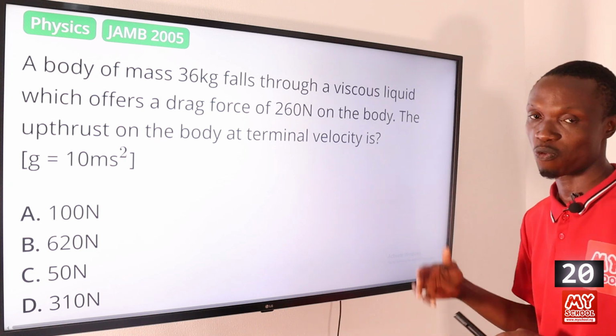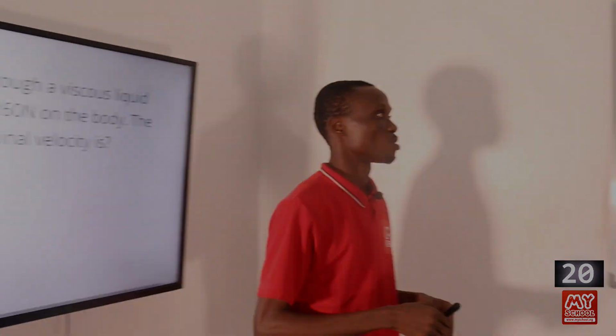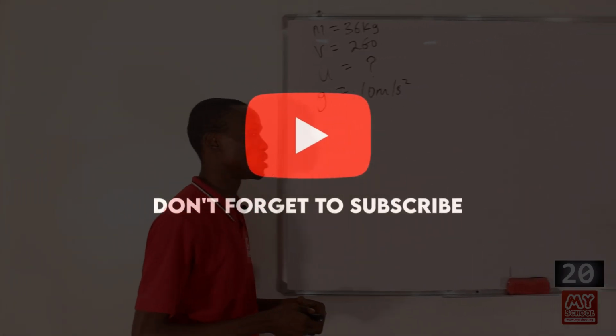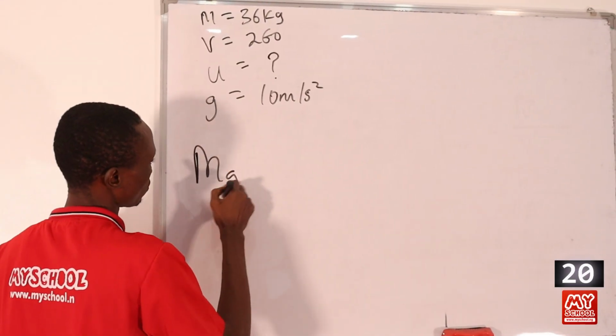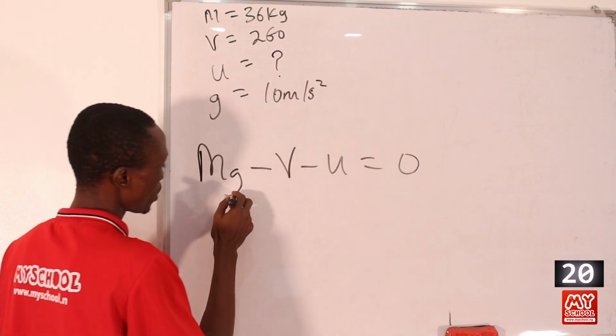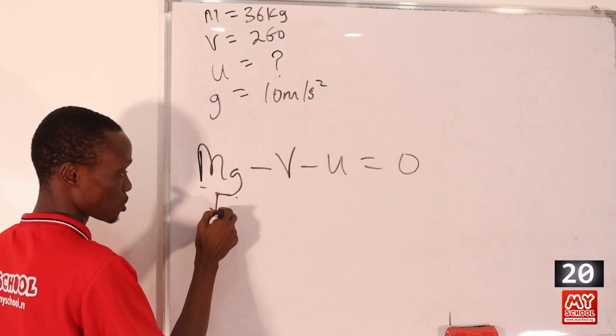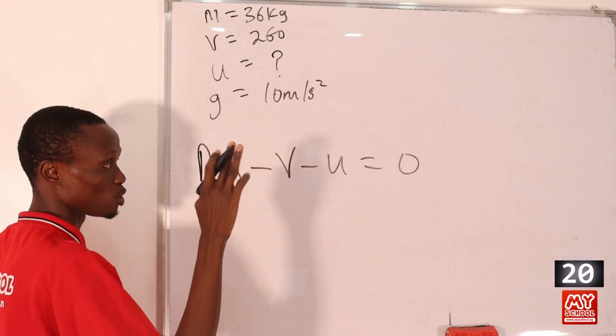So let's move over to the board to provide the answer to this question. For a body falling through a liquid at terminal velocity, mg minus v minus u is equal to 0, where mg stands for the weight of the body. Like I said earlier, there are three forces that act on the body falling through a liquid.